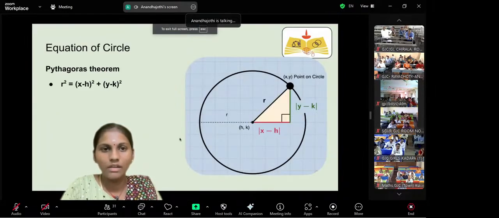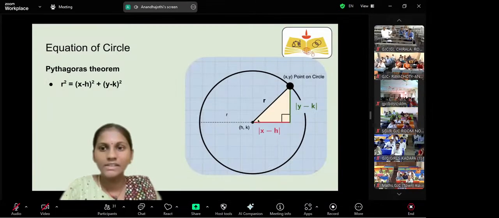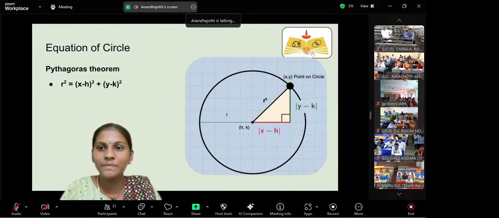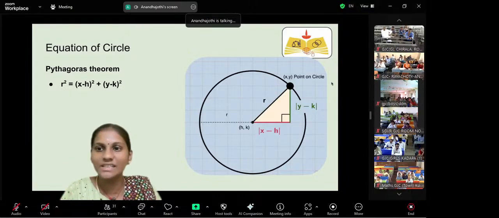Now we apply the Pythagoras theorem here. Ask the students to write the Pythagoras theorem. What is it? The hypotenuse square is equal to the sum of the squares of the other two sides.